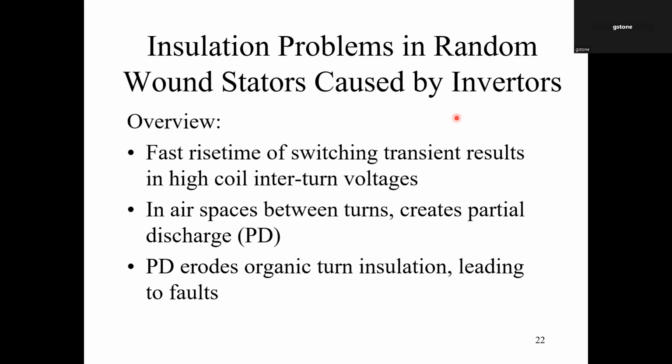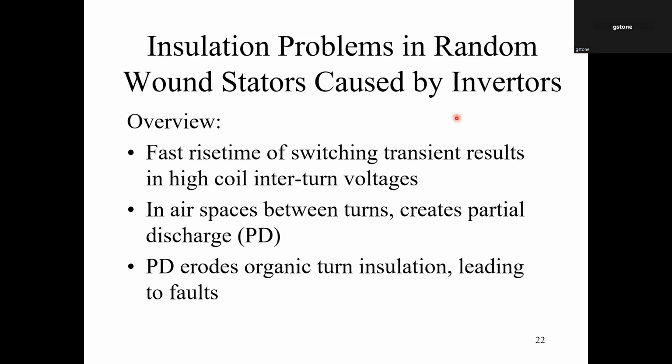Partial discharges, which are small electrical sparks, hopefully should not be occurring, but if they are, because we have organic insulation, just a polymer film on that magnet wire, the PD will gradually, in fact fairly quickly, eat a hole or create an electric tree through that insulation, causing it to fail.